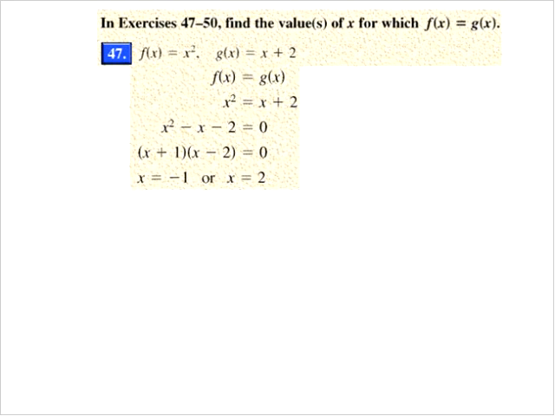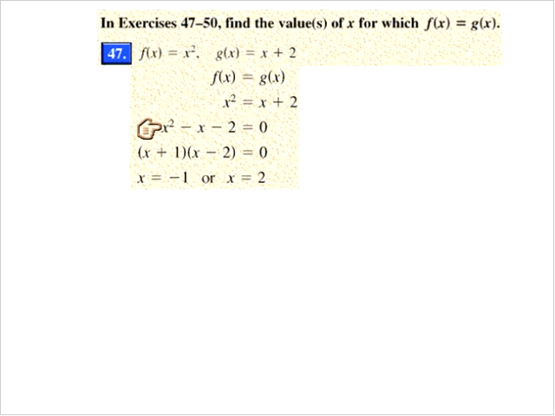For the next one, it says find the values of x for which f of x equals g of x. So I need to set my two functions equal to each other and solve. I have x squared equals x plus 2. Let's start by getting everything to one side, so I'm going to subtract the x and subtract the 2. I get x squared minus x minus 2 equals 0.